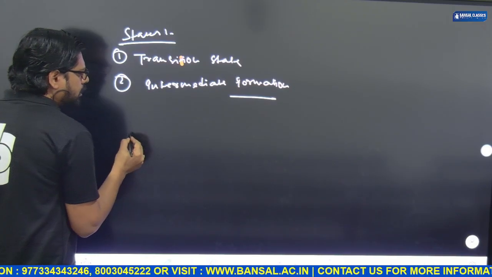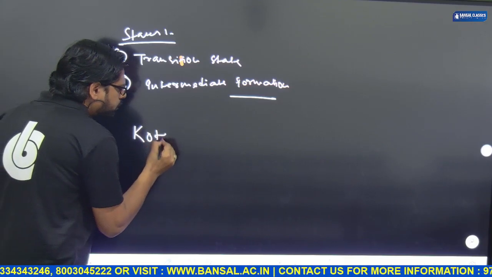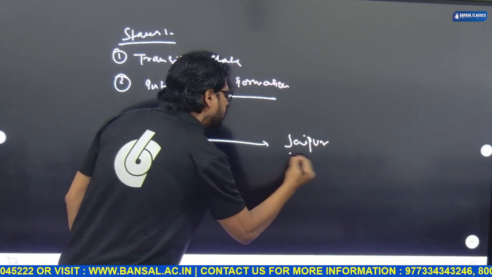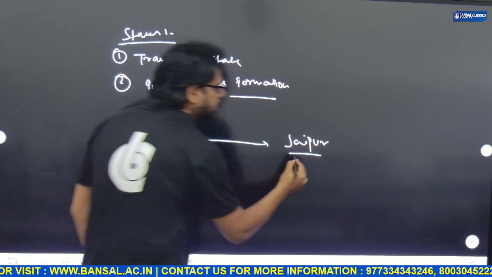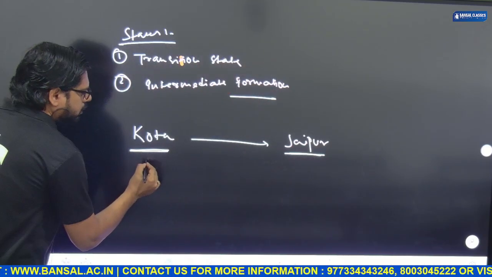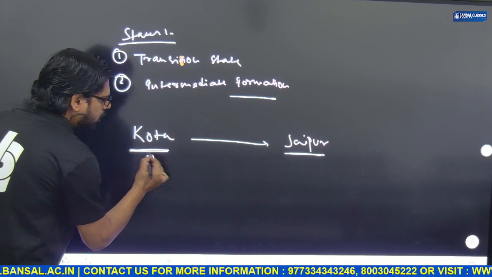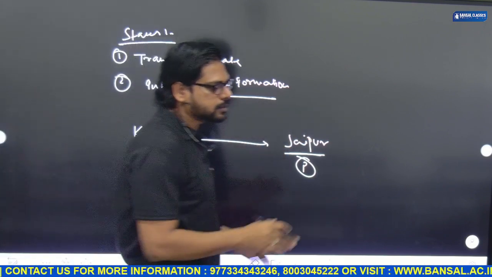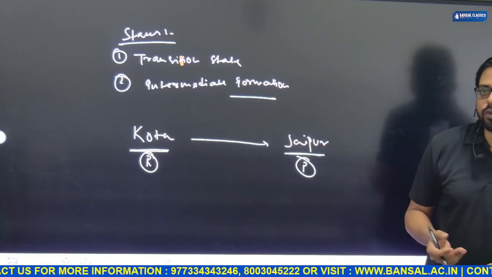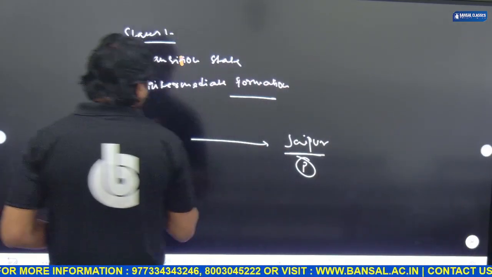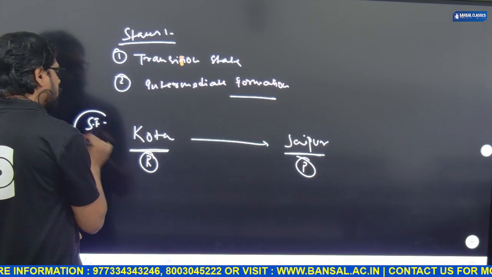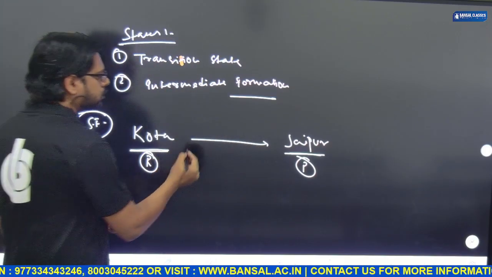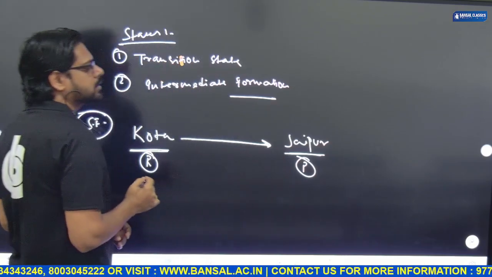Let's take an example. If a train is going from Kota to Jaipur, its starting point is Kota and its end point is Jaipur. For example, this is the reactant and this will be the product. Now, it has to pass different stations on this route, but it will not stop at any station. It means a super fast express. There will be no formation of anything; it will just pass through different stations.